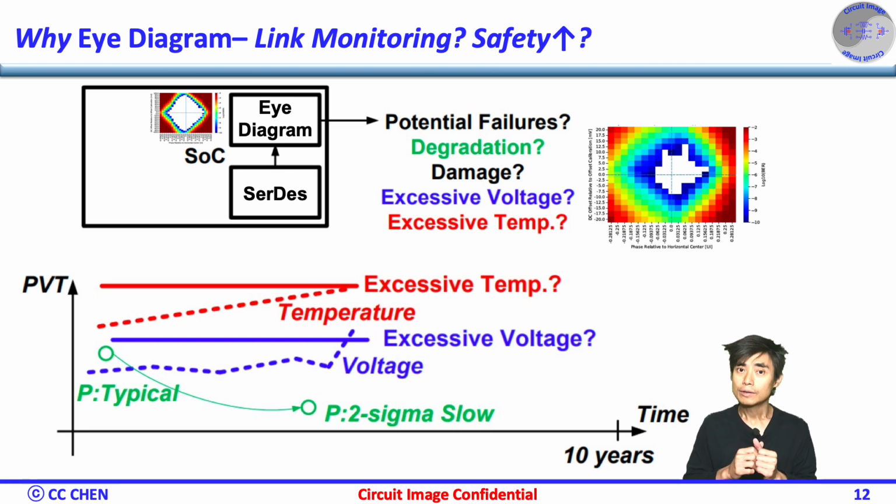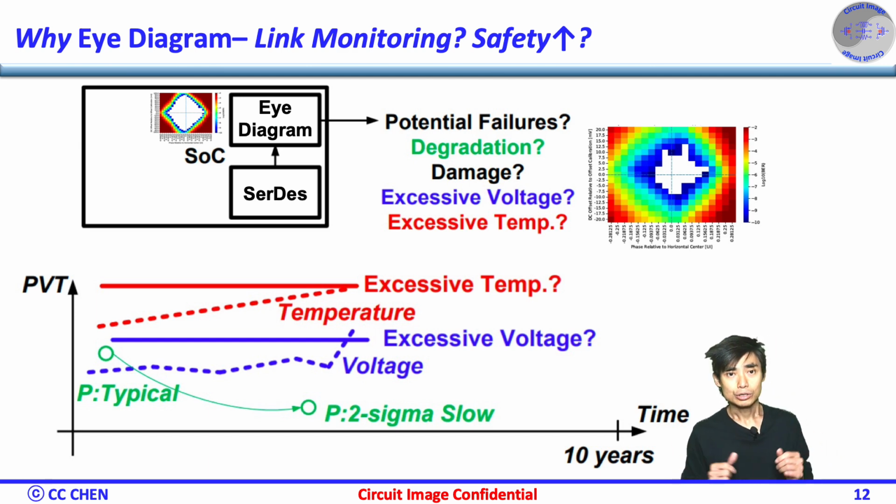Any potential failures or degradation in the SI or EQ performance can be caught as early as possible, allowing the SerDes to either stop the link and recalibrate the necessary blocks to prevent increased bit errors or system damage. This proactive protection increases the overall link reliability without propagating the errors in the SoC system.